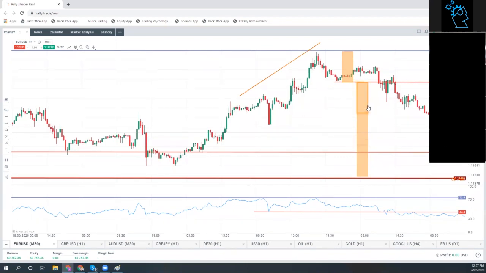So 60% price action, 40% RSI, because price action gives you better filtering when it comes to entering and exiting trades.